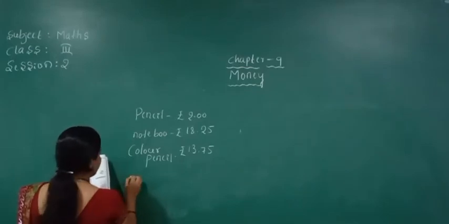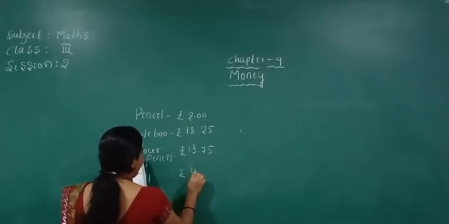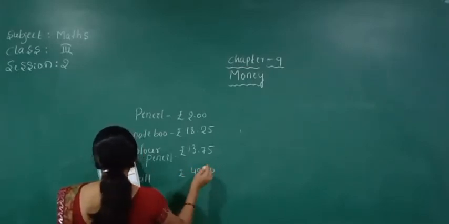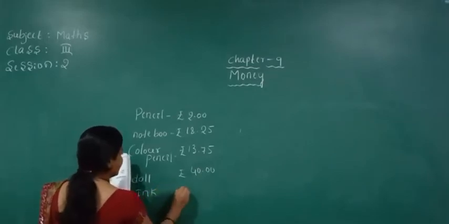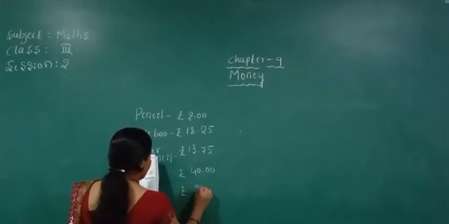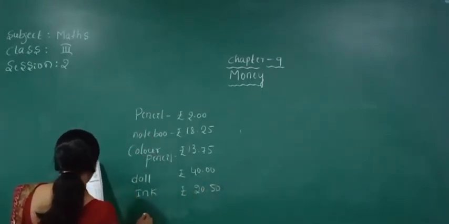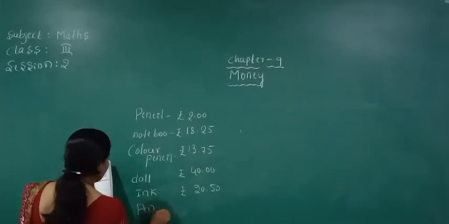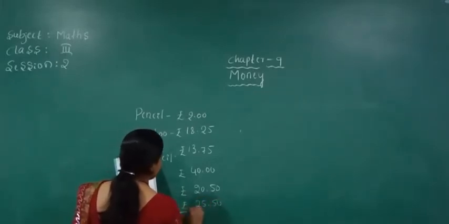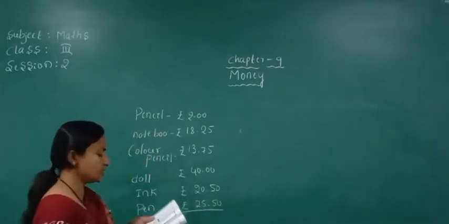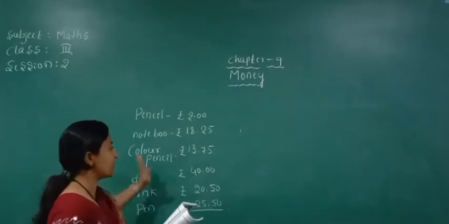Next, doll: rupees 40. Ink pot: rupees 20.50 paise. Next, pen: the pen price is rupees 25.50 paise. Okay, so students, observe these things and their prices.